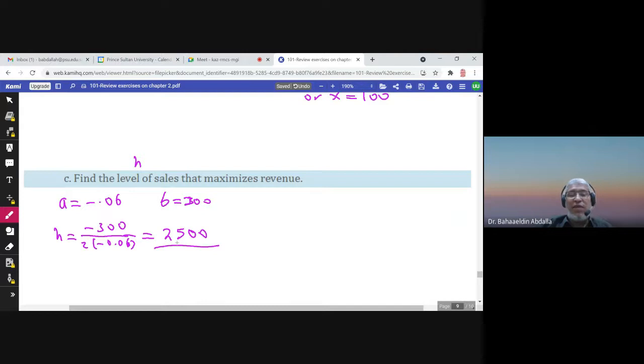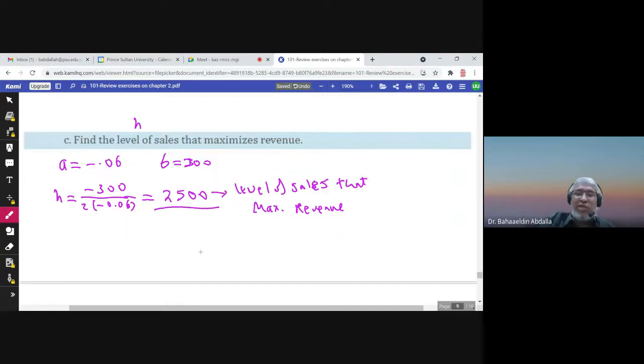So this is the level of sales that maximize revenue. Notice he did not ask about the maximum revenue. If he asks about the maximum revenue, we will find k.